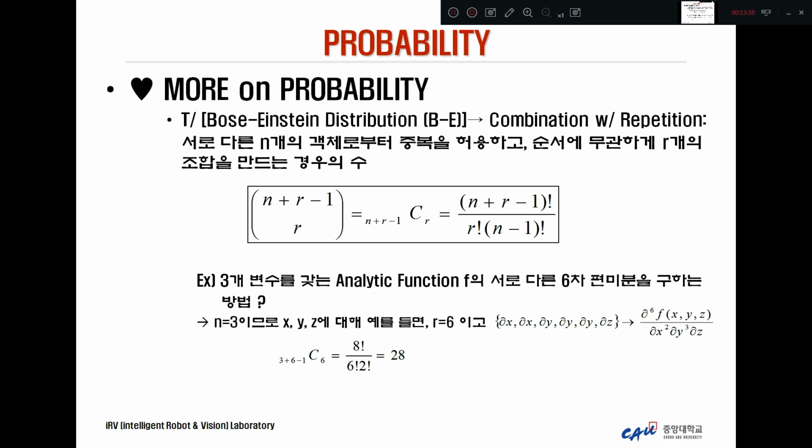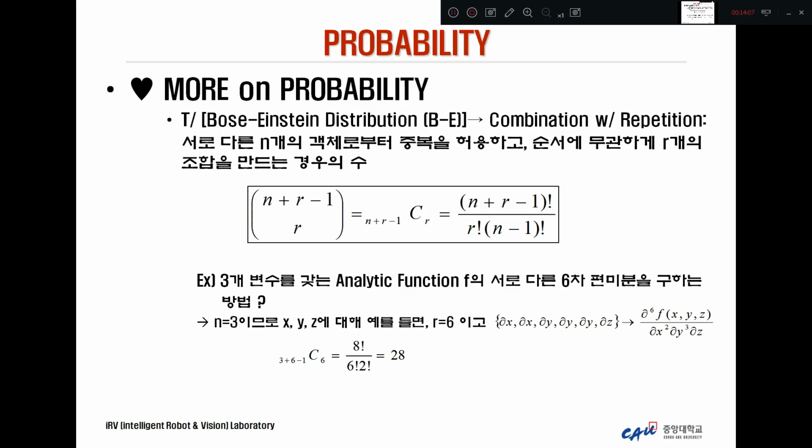For example, if we have 3 different variables in our analytic function f, what is the number of different computational methods to find the 6th order partial differential equation? What is the number?